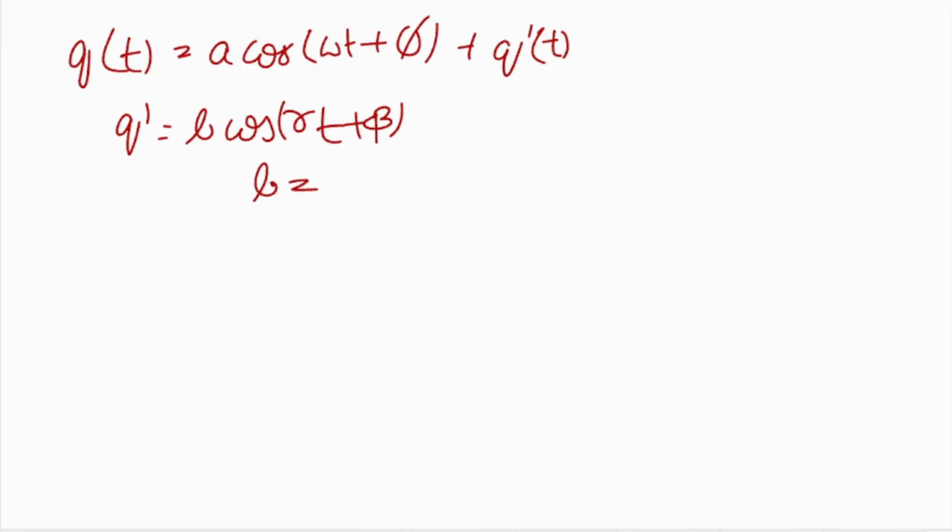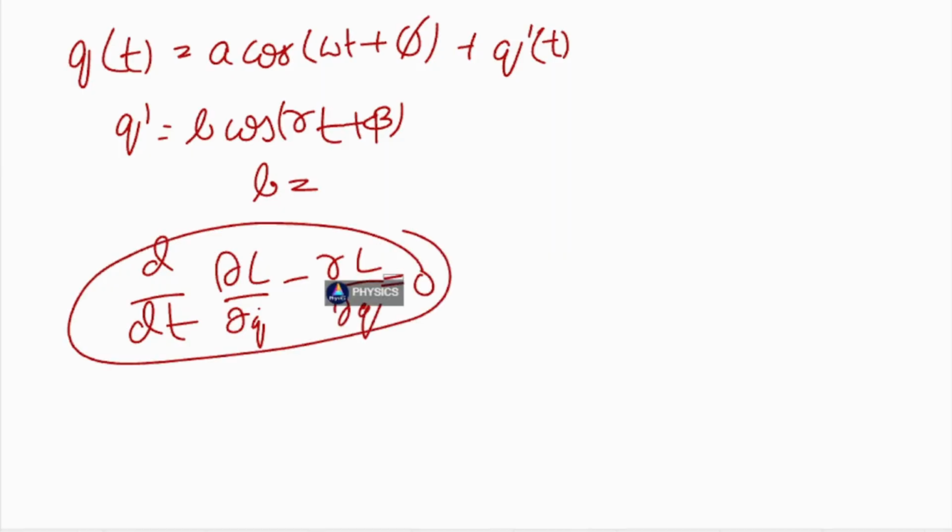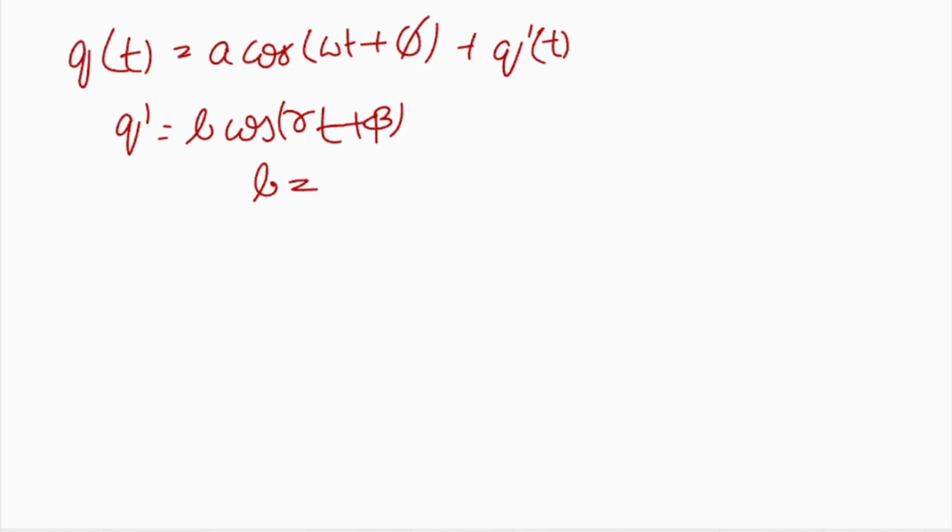We will put it into the equation of motion. Where? Which is the equation of motion? The Lagrangian. Okay, so this is your homework, to put it over there and check what b is coming up. This is your homework.